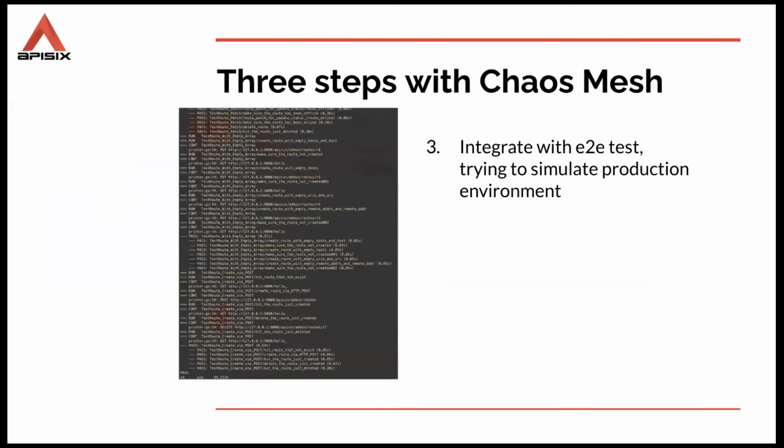E2E test is something most familiar with the real environment, I think. So with it, when we add some common chaos, we'll try to find out if something unexpected happens.